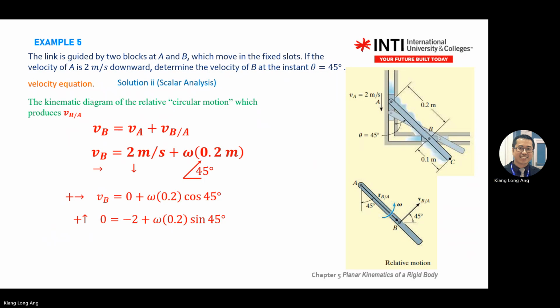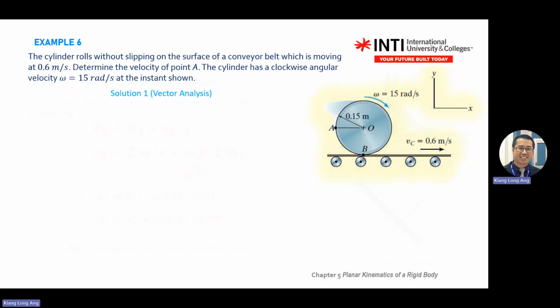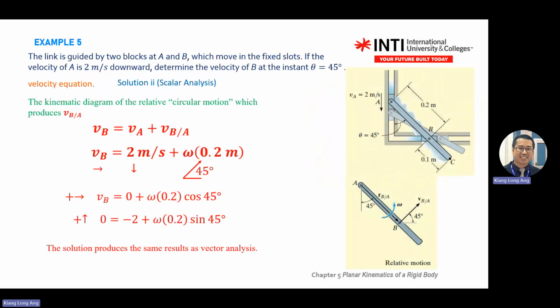This one Y is sine 45. So you'll get the same analysis for omega. Once you get omega, substitute back here, you still get the same answer. So just don't confuse VB direction and VB stroke A direction.